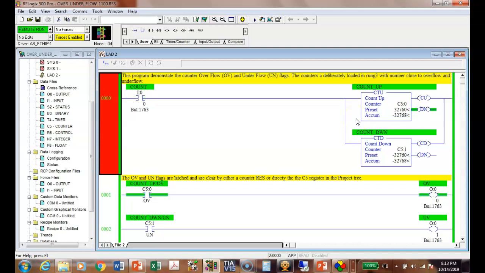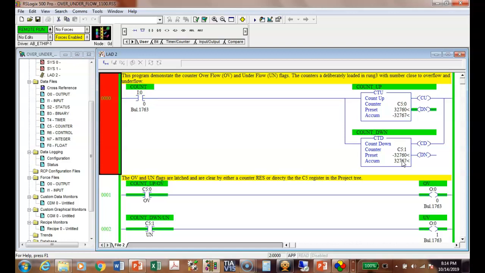What happened? It changed signs because I exceeded the range, and it told me it changed signs because it activated which bit? That flag, that overflow bit, right? Okay, and then I'm turning on a light. Now notice this guy right here is still okay. Let's keep counting.